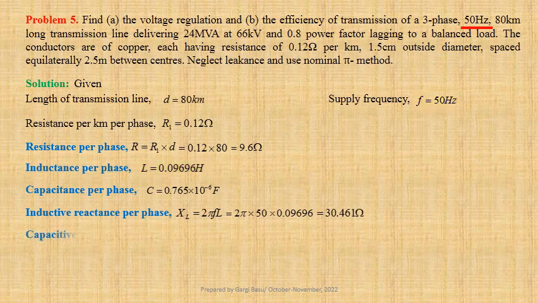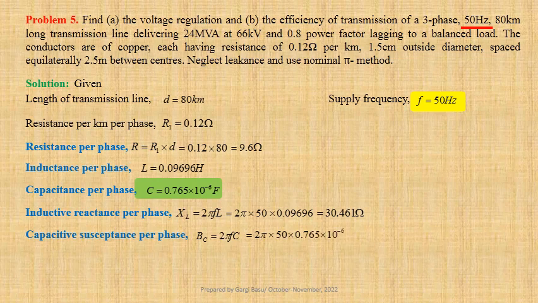And capacitive susceptance per phase BC equals 2 pi F into C. Using values we get 2 pi into 50 into 0.765 into 10 to the power minus 6. That gives us 240.332 into 10 to the power minus 6 mho.